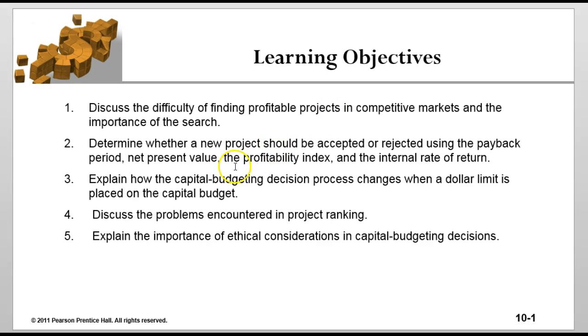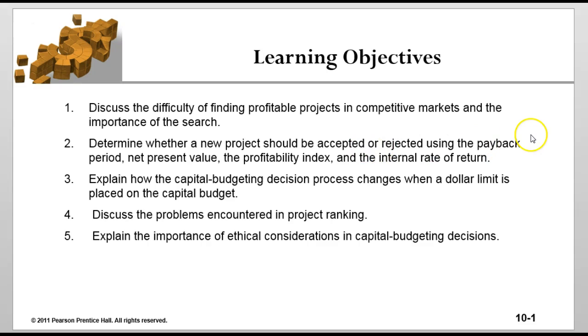So we're going to first of all talk about the difficulty in finding a profitable project, and the real importance of finding one. I mean, taking the time to find one and not just taking the first project that we come across. And then the next thing we'll look at is how to determine whether it should be accepted or rejected.